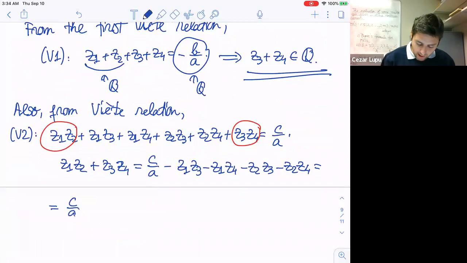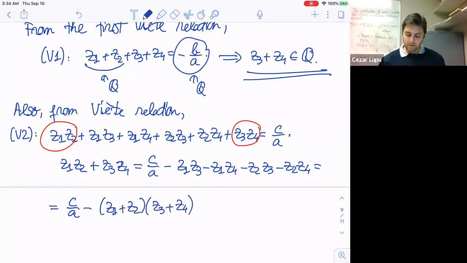So this will be c over a minus, now let's be careful here, z1 plus z2 times z3 plus z4. Right? That's nice.